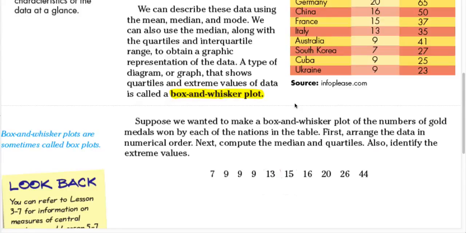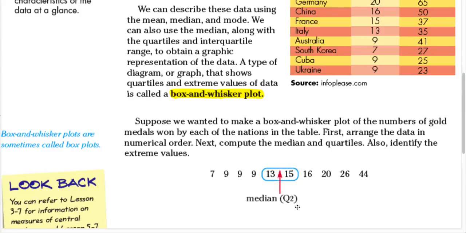First things first, arrange them from least to greatest, and then find the median of your set of data. If you notice, we have 1, 2, 3, 4, 5, 6, 7, 8, 9, 10 pieces of data. That means we have 2 middle numbers, 13 and 15. If you have an even set, you get these 2 numbers and divide their sum by 2.